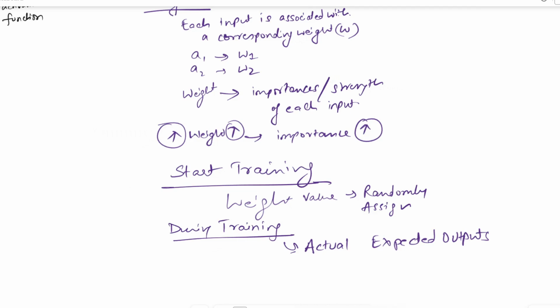Therefore, we can say during training, these weights are adjusted to reduce the difference between actual and expected output so that the model can learn, and additionally, the weights of the network are at their optimal level to make accurate predictions.